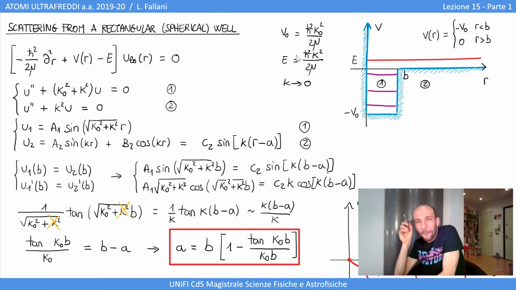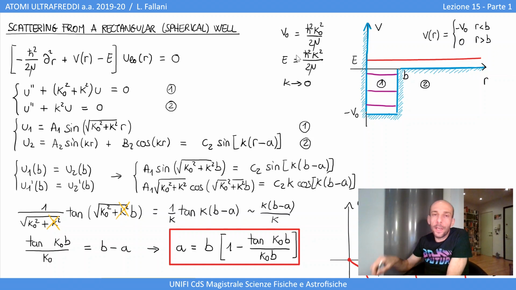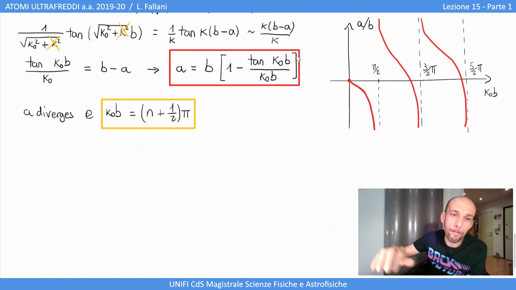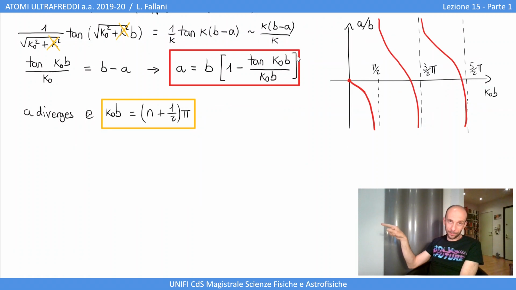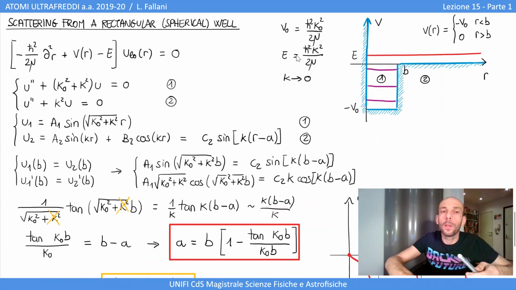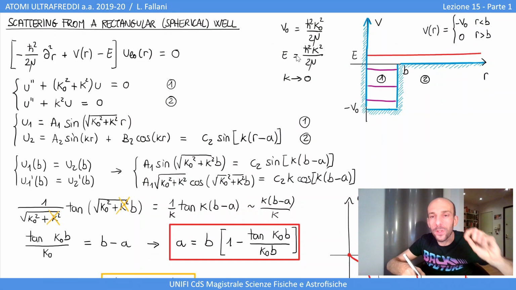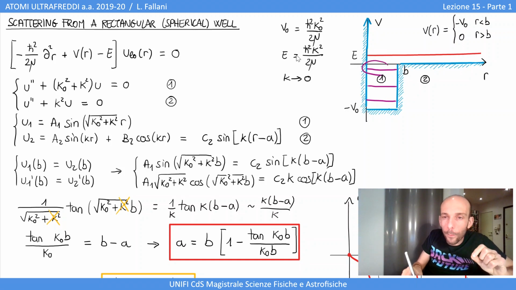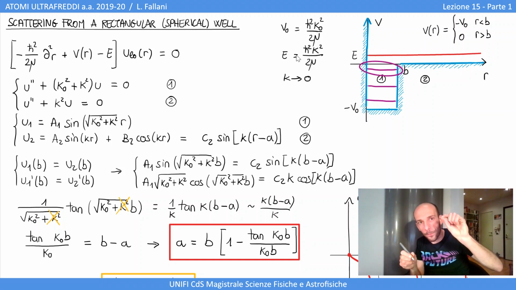And so the physics of these bound states is extremely important to explain the behavior of a scattering length that we have seen. In particular, I will demonstrate for you that this resonance condition that we have highlighted here in the yellow box corresponds to the situation for which this potential well supports a bound state with binding energy that is close to zero.